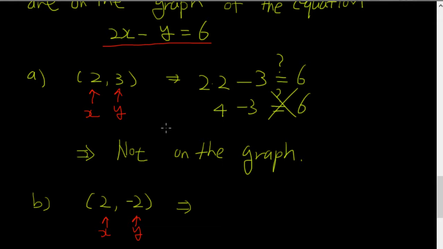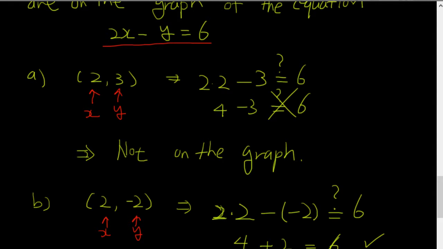So now we have 2 times 2, minus negative 2. Is this equal to 6? That's 4, the double minus becomes plus 2, which equals 6. And check, this is true: this is 6, this is 6.